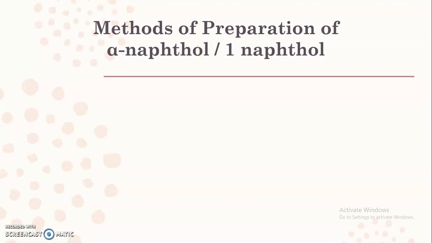So if we attach a hydroxyl group at the first position of naphthalene, we get the structure known as alpha-naphthol, also known as 1-naphthol. There are two methods used for the preparation of alpha-naphthol or 1-naphthol.